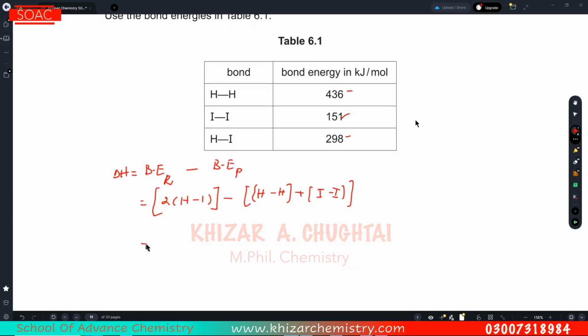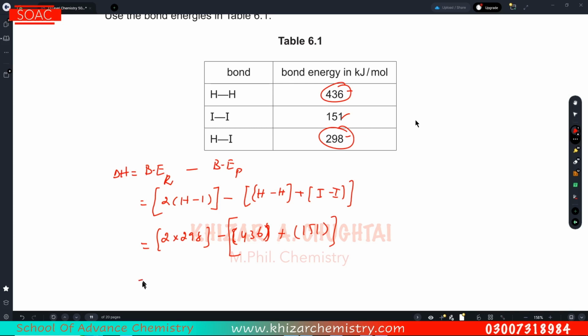So 2 times H-I, its answer is 298, 2 times 298, minus H bond energy, which is 436, plus I bond energy, that is 151, and so on.